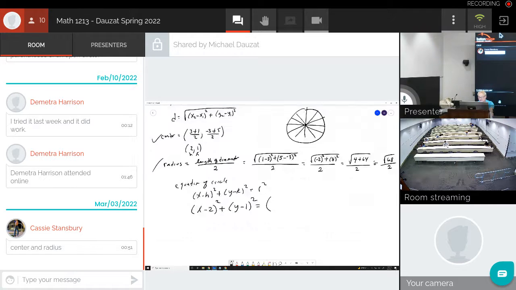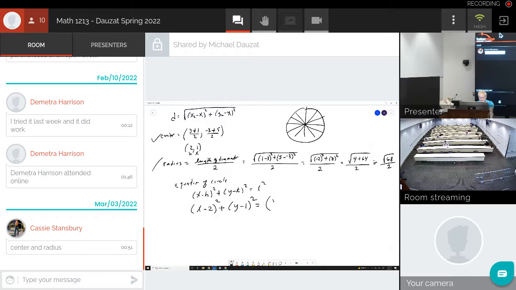What's the radius? Square root of 68 divided by 2. But what must I do to that according to the formula? Square it. All right, one more step and you're done. So the answer will be x minus 2 squared plus y minus 1 squared equals.